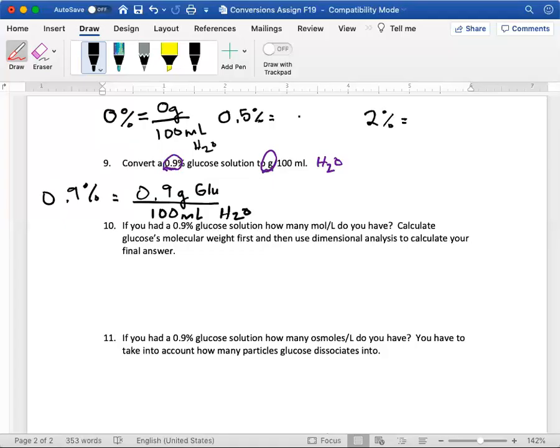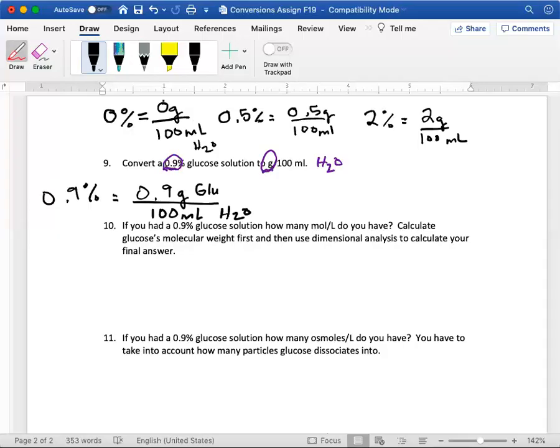How do we do a 0.5% solution? So remember, whatever this number is, that's how many grams you're going to weigh out. So 0.5 over 100 mils of water. And then a 2% solution, is it 0.2 or is it 2? Good. 2 grams of glucose over 100 mils of water.